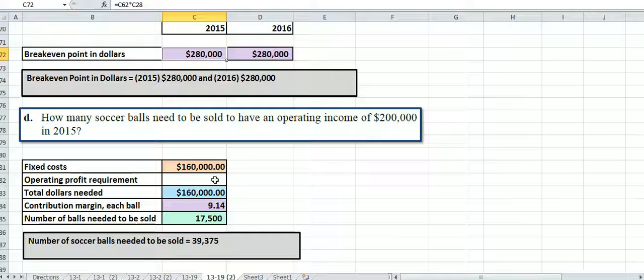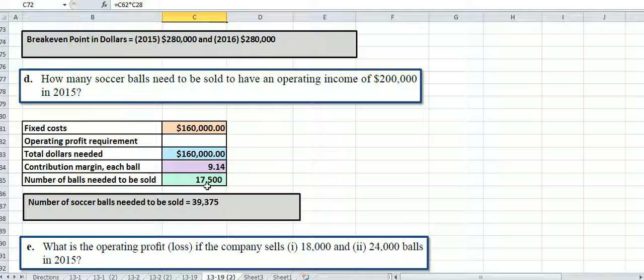And then we're going to put in our operating profit, right, what am I thinking? 200,000 has to go in right here, because this is our operating profit requirement.